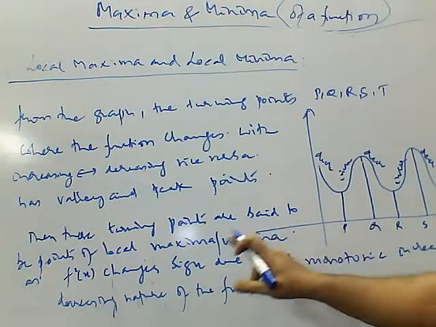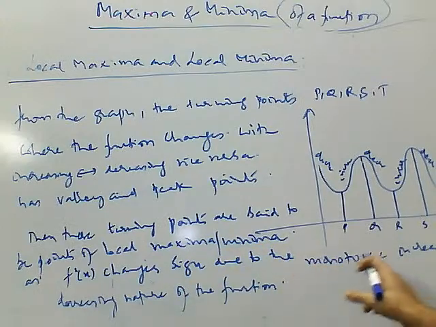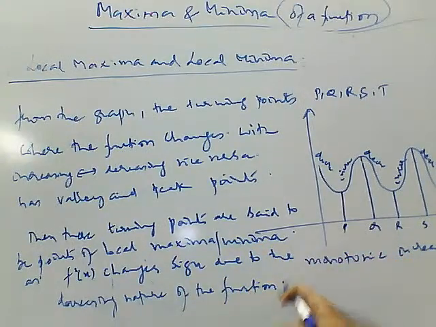Okay, these turning points are said to be points of local maxima or minima as f dash x changes sign due to the monotonic increasing or decreasing nature of the function.